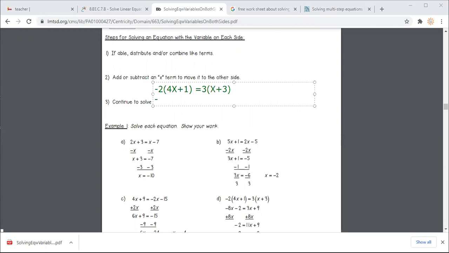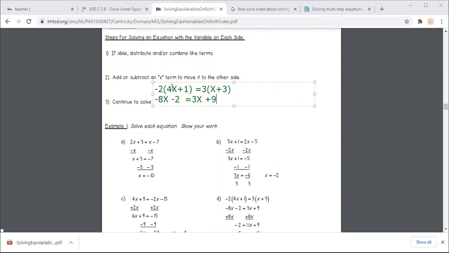Then negative 8x minus 2, and equal 3x plus 9, right? Because we have to distribute the number before the parentheses over the parentheses by multiplying.